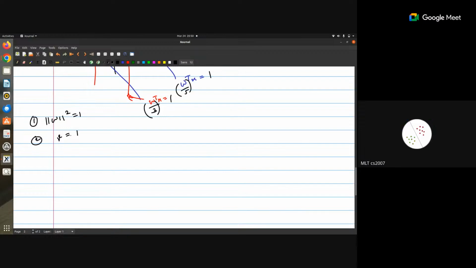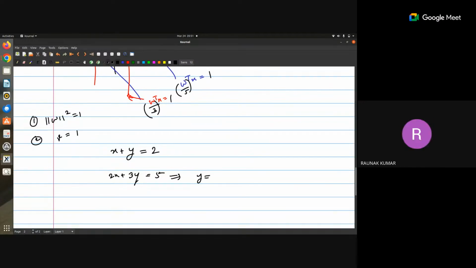So shall I take these two and solve the problem? Maybe generally how you solve any problem is like, say x plus y equals 2, and let's say 2x plus 3y equals 5. How do you solve it? You have two variables and two equations, right?